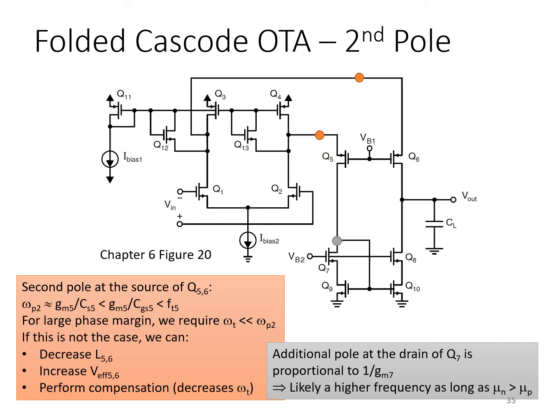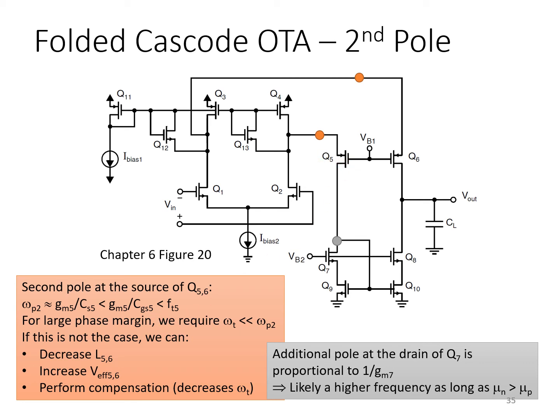And so therefore it provides an upper limit to where this second pole frequency associated with that node may be. Written in this form, we see that omega P2 is upper bounded by gm5 over Cgs5, which we've already seen is actually the unity gain frequency of transistor Q5.